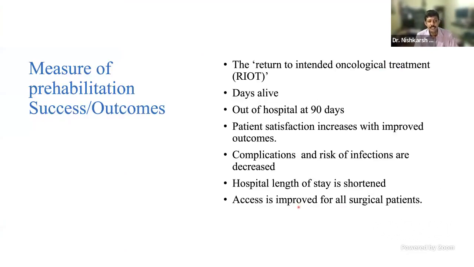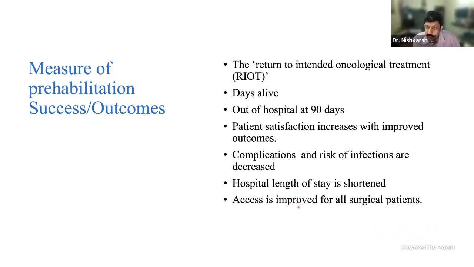Now, how do we measure the success of prehabilitation? All of us know that cancer surgery is not about doing surgery. Cancer management is about completion of the oncology treatment. So it includes good surgery, good radiotherapy, and good chemotherapy. All three arms of the cancer treatment have to be completed for a good outcome in the long term.